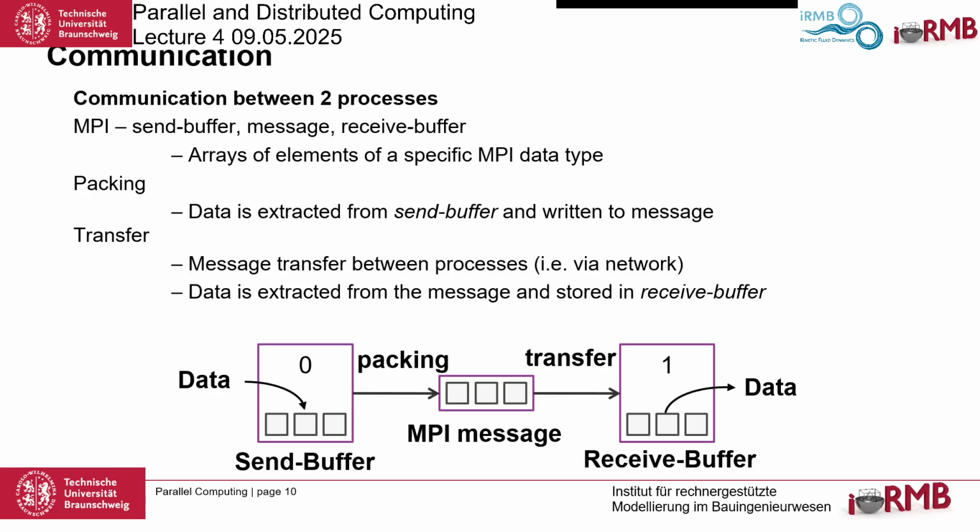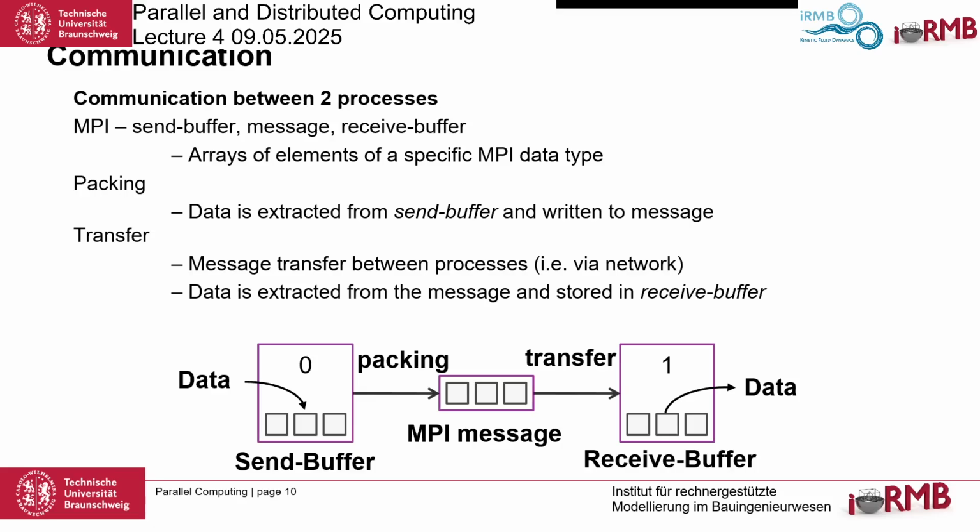You want to send some data, so it takes this data and puts it in its own outbox, if you will. That's the send buffer. Actually, you're specifying a send buffer.